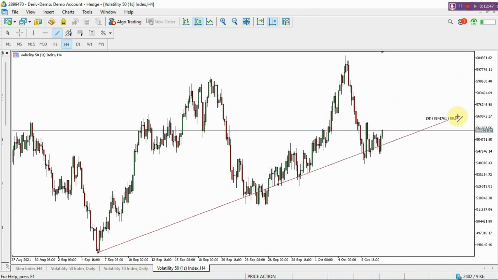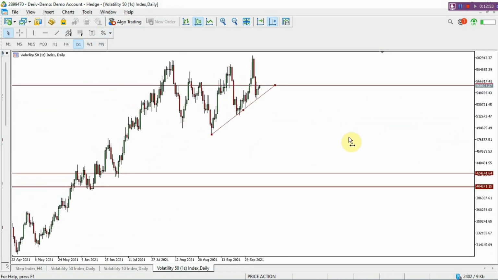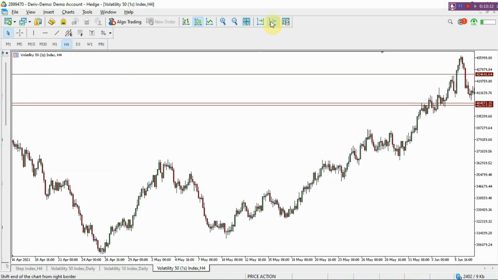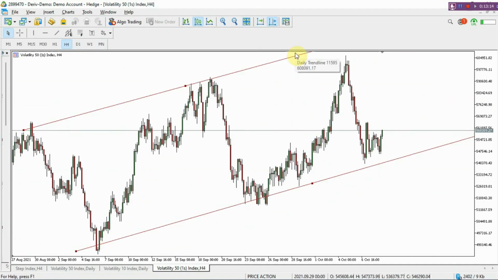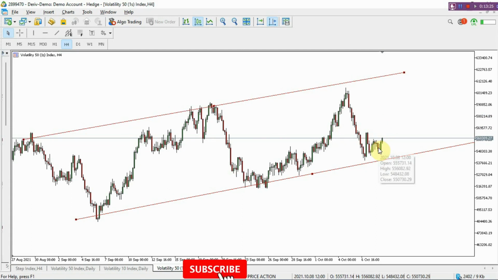I notice this not so perfect trend line, but on the daily you can see it's better. It's a not so perfect channel that's forming, and you may be looking for some opportunities to join price.